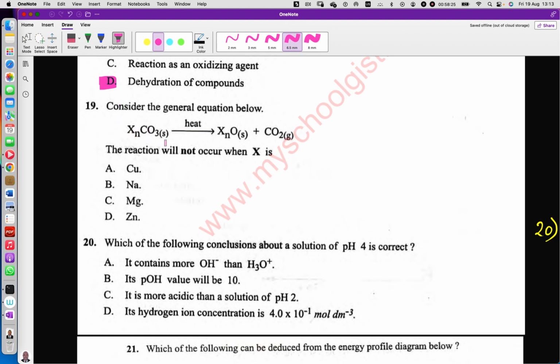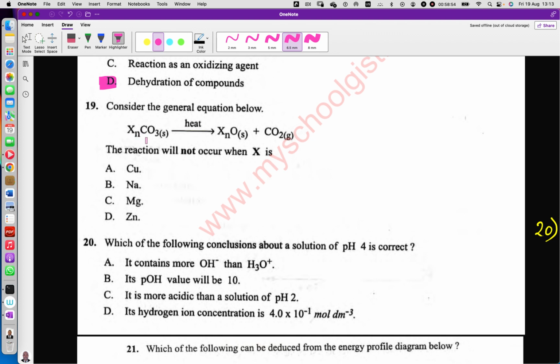XCO3, which is a solid, decomposes on heating to produce XO plus carbon dioxide, which is a gas. The reaction will not occur when X is which of the following? To know the metal, the possible metal that cannot be placed here.